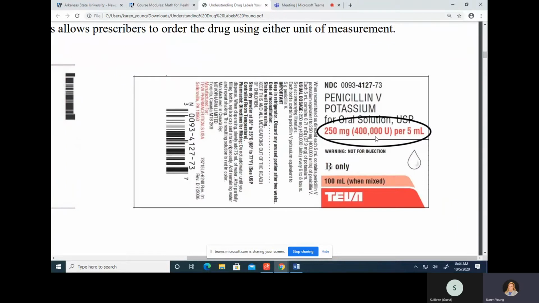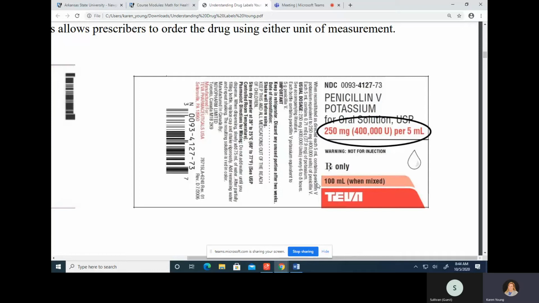The doctor can order so many units, and then you would use the 400,000 units, or he'd order so many grams or milligrams, and you'd use the 250 milligrams. It has 100 milliliters when mixed. That tells me that it's coming in powdered form, and I add water to it. So this here is my reconstitution. It says reconstituted as directed.